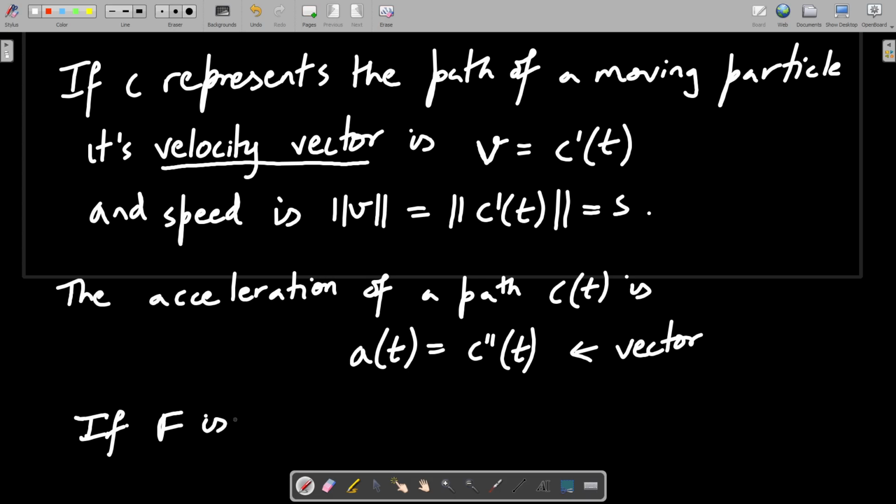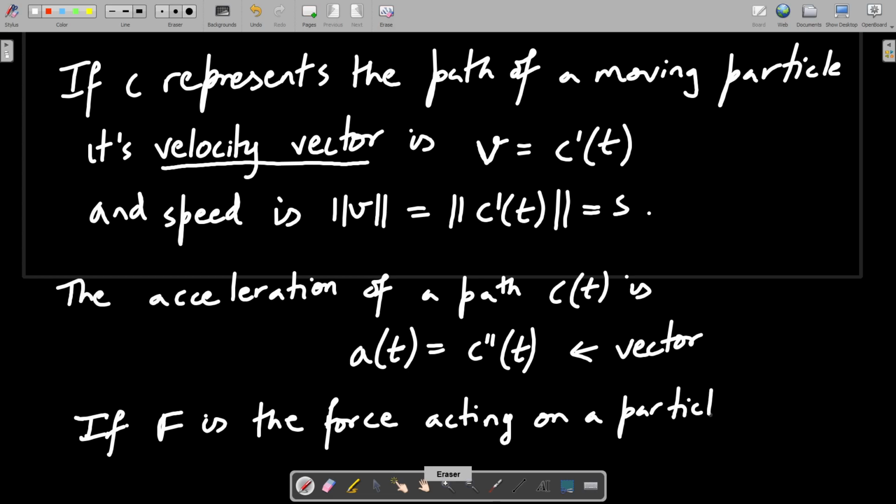If F is the force on a particle of mass m, then F equals m times a.